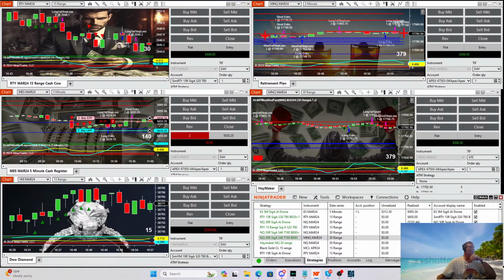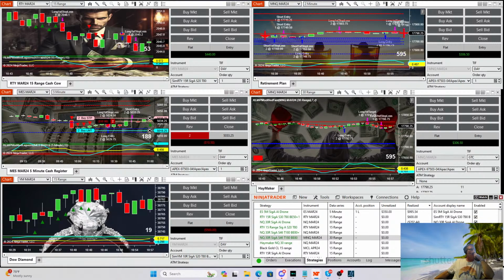Our MES trade is dangling in the wind. And it seems like we've been in that trade for quite a long time. So the S&P is stuck.